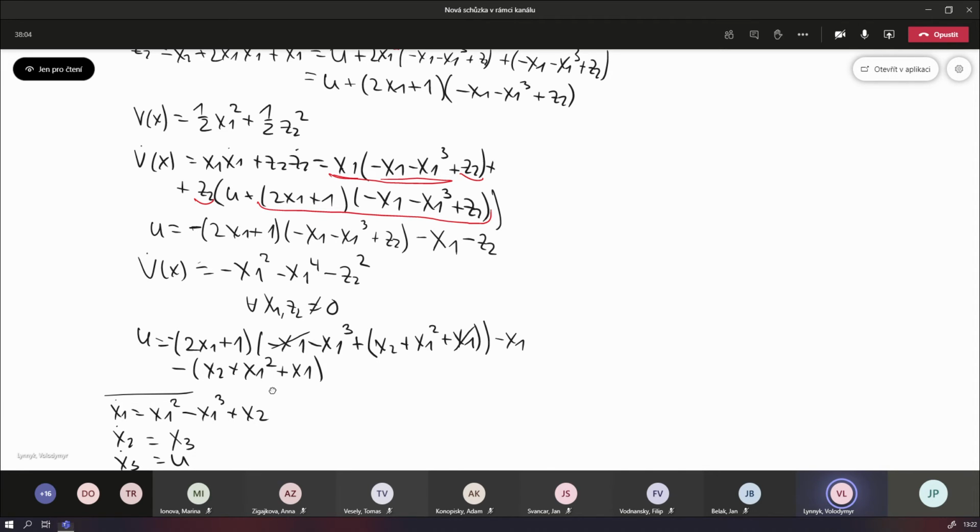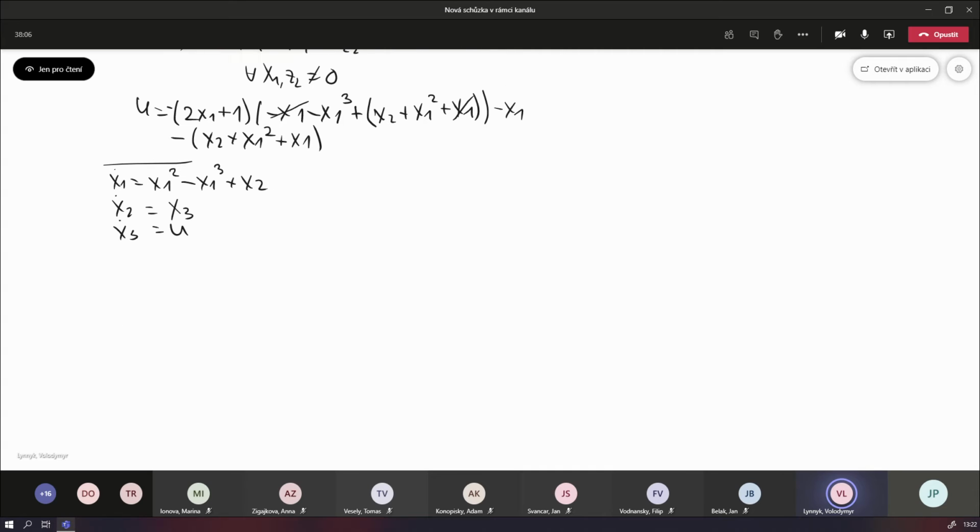And the system consists of our previous example, the system in the previous example, and an additional integrator on the input, and we can make the same procedure as in the previous example.